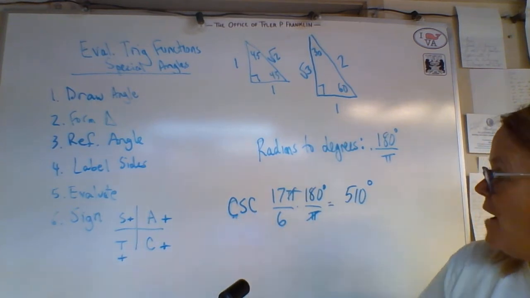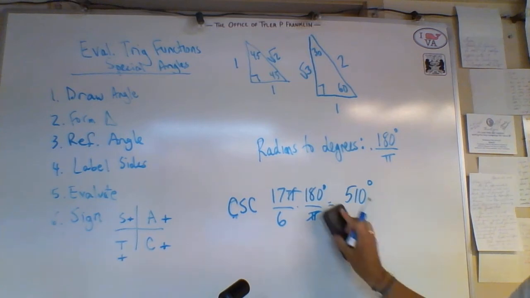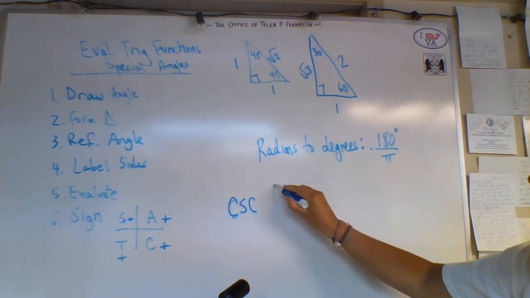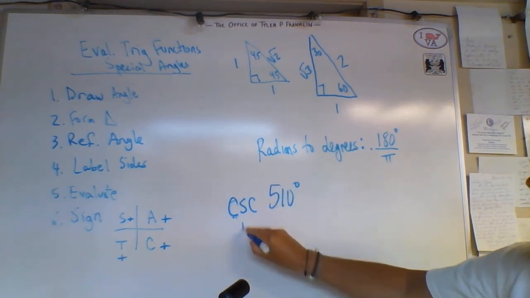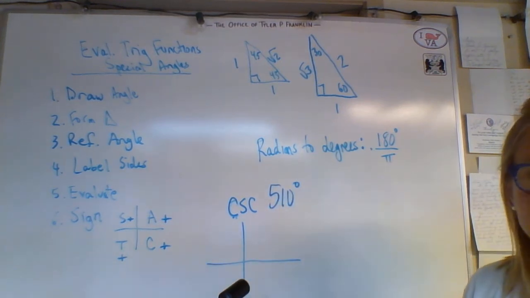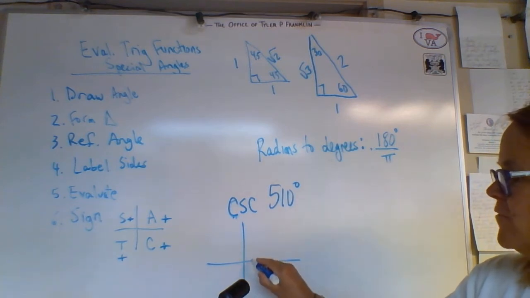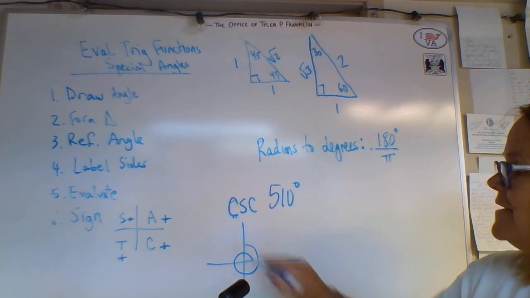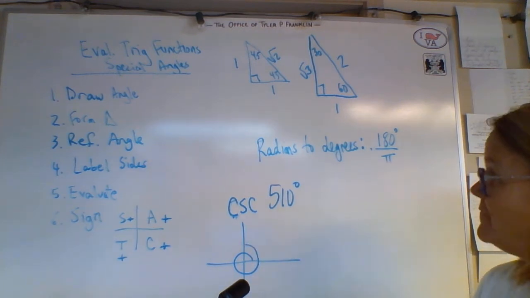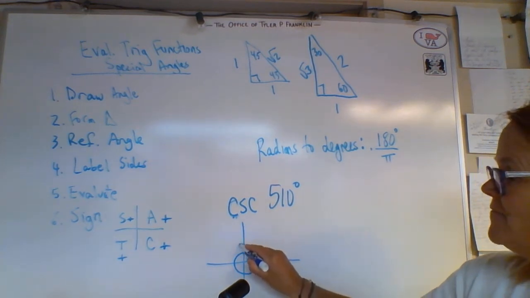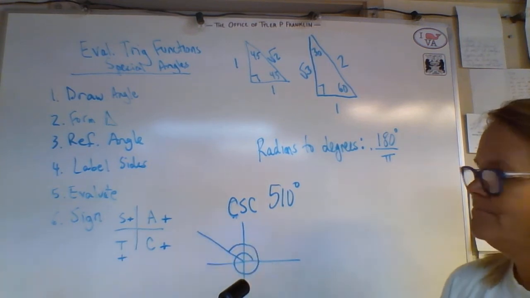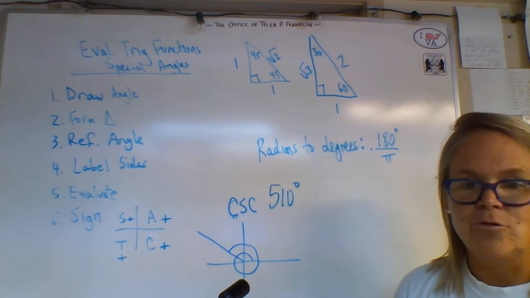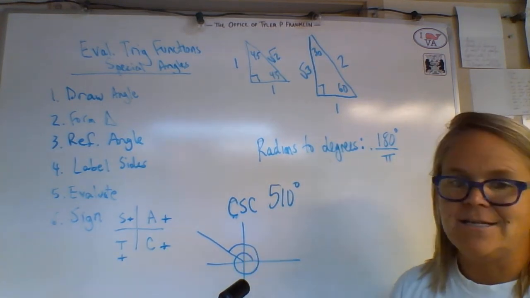So 510. Now my problem is find the cosecant of 510 degrees. So step number one, draw it. Well, that's more than a full circle. 360, another 90 would give me 450, to get to 510 I'd be there. I drew it. Now you would want to think what you drew. That would be 60 more.